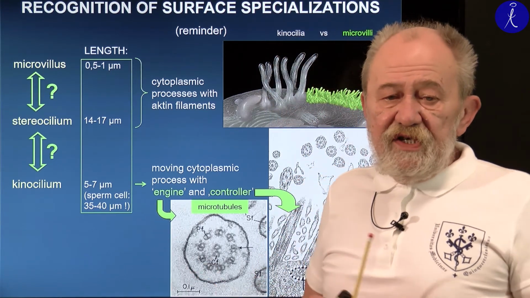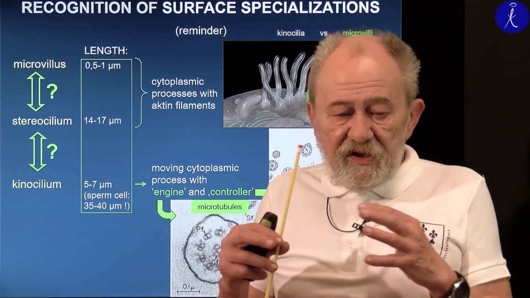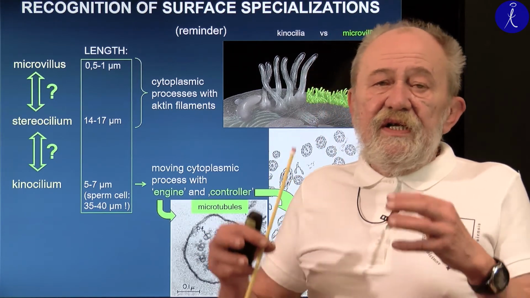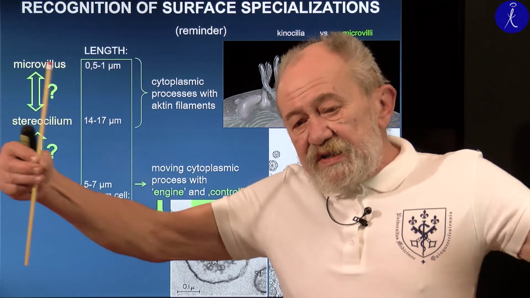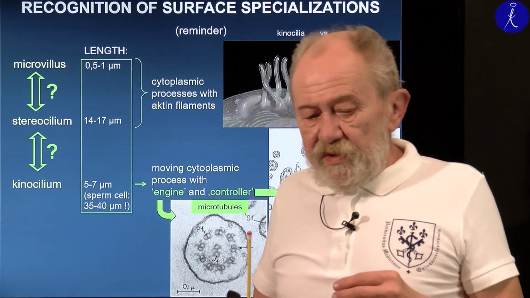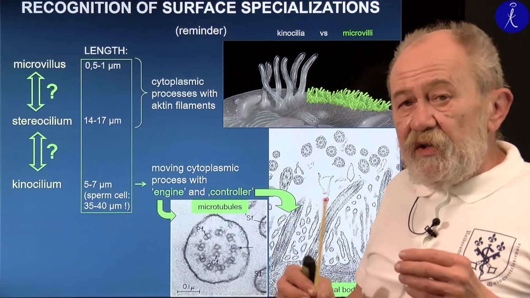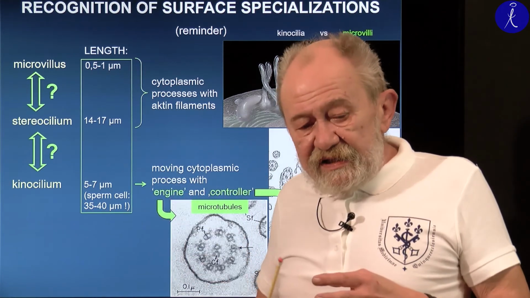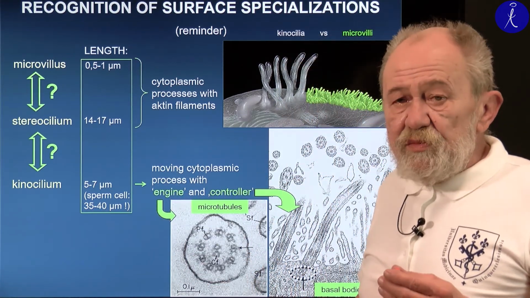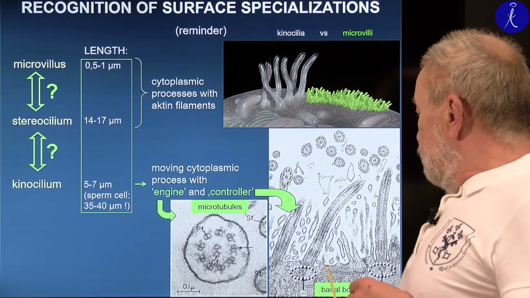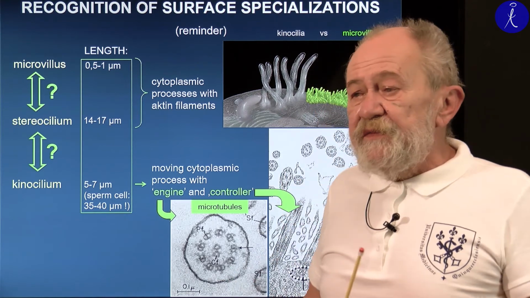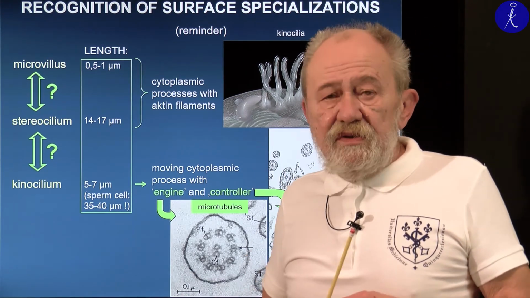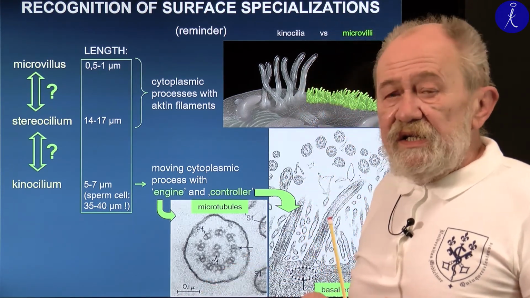Amongst them, the most frequently occurring movement in our body is cell division, and the 2 centrioles are the ones which pull apart the 2 daughter cells anchored with microfilaments to each other. So the centriole is the one responsible for control of movement, and basal bodies are really multiplied centrioles. So a cell has as many centrioles as many kinocilia it has on the surface.